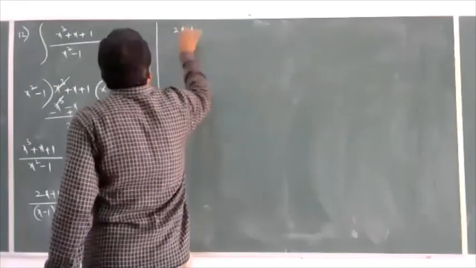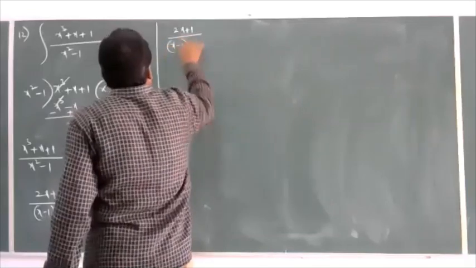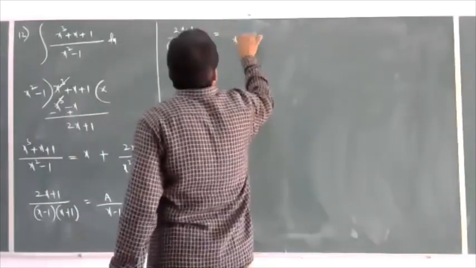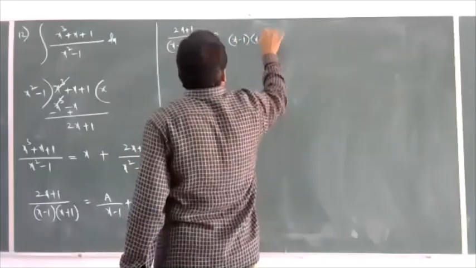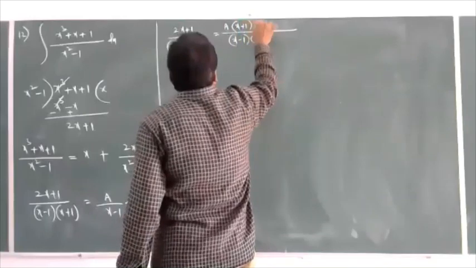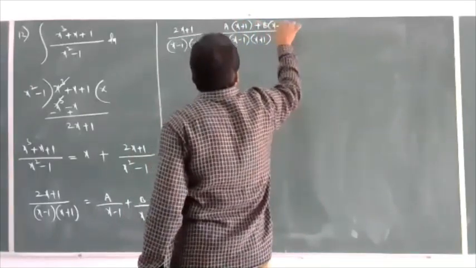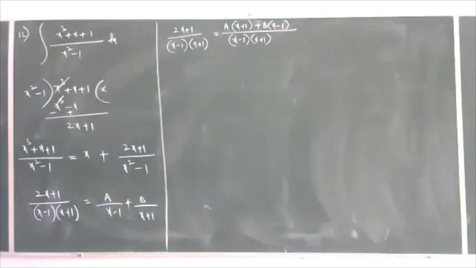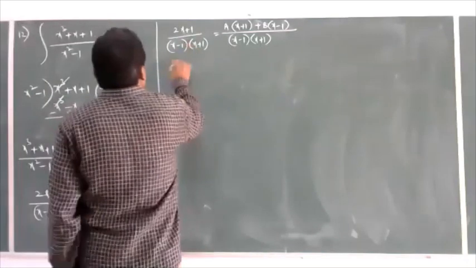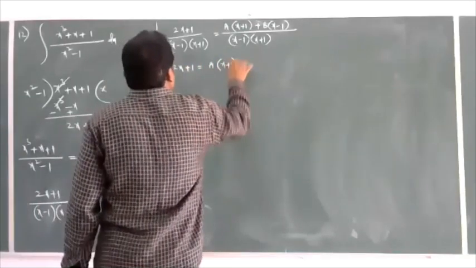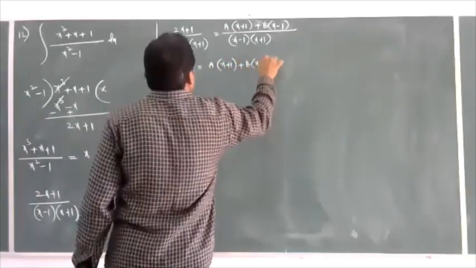That is (2x plus 1) by (x minus 1)(x plus 1) is equal to, taking LCM (x minus 1)(x plus 1), in the numerator a into (x plus 1) plus b into (x minus 1). Equating the numerators, 2x plus 1 is equal to a into (x plus 1) plus b into (x minus 1).